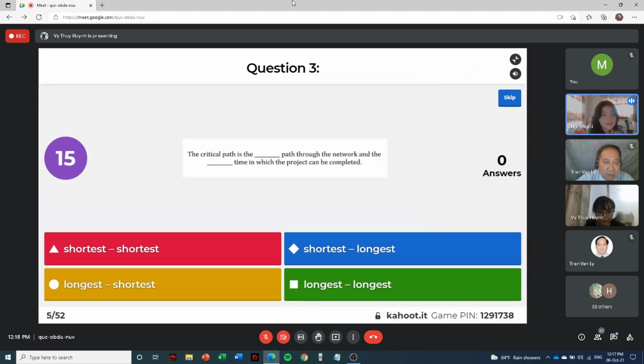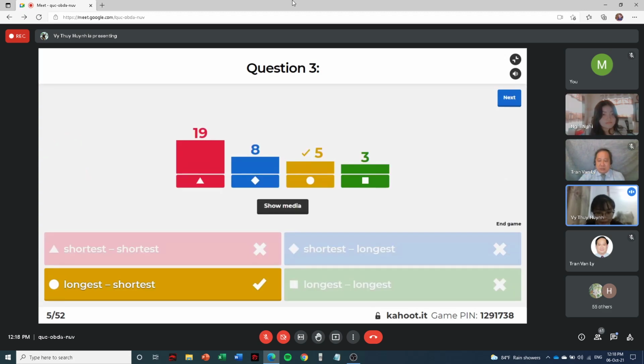The critical path is the longest path through the network and the shortest time in which the project can be completed. What happened today? Wow. Only 5 of you got it right. Is anything wrong?